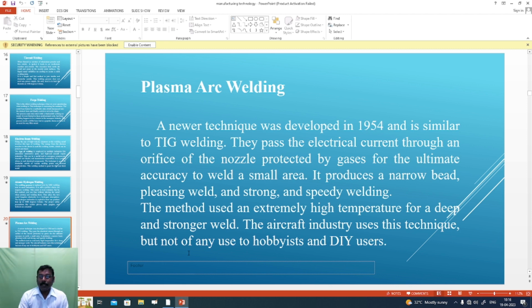It produces a narrow bead, playing well, and strong and speedy welding. The method uses an extremely high temperature for a deep and stronger weld. The aircraft industry uses this technique, but it is not of any use to harvesters and diffusers.